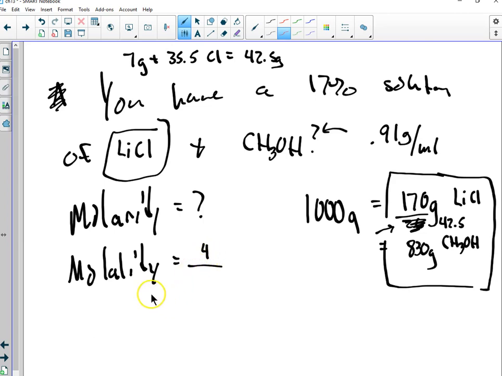Okay, then what's the kilograms then? The kilograms of this, we have 0.830 on the bottom. We are going to end up with a number that's not just 4. How much?